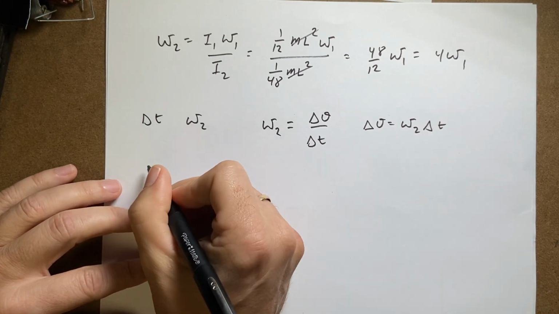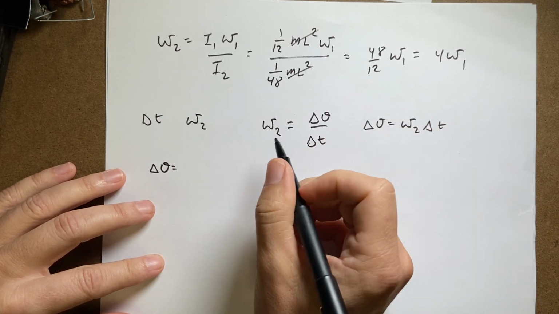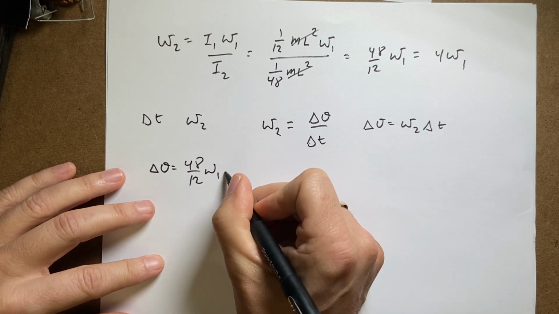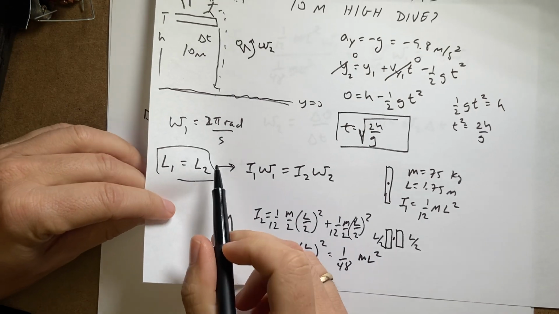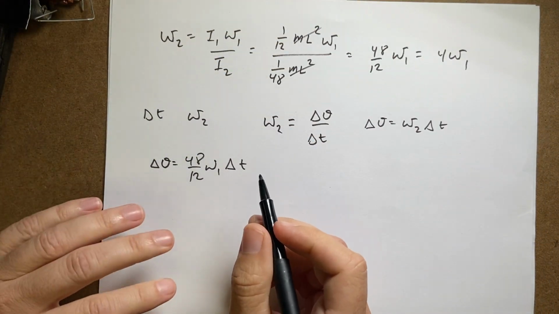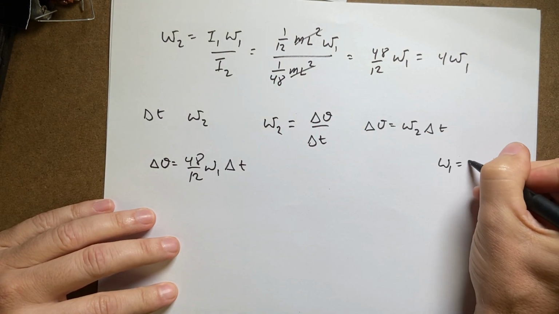So we got it. So let's put everything in. Delta theta is going to be omega 2, which is 48 over 12 omega 1 delta t. Omega 1 is 2 pi. I had that, 2 pi.